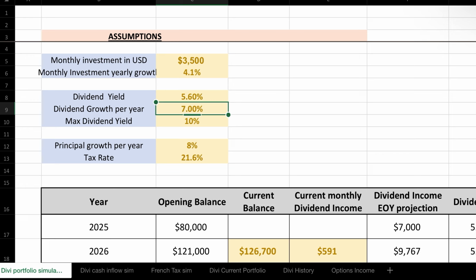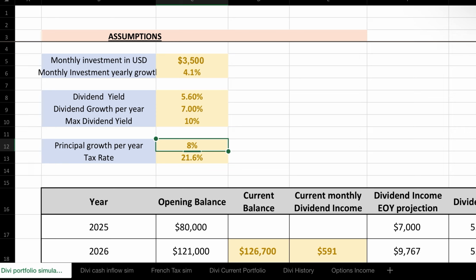So I use Div Tracker and Stock Events, and basically these are pretty conservative assumptions in terms of dividend growth, and the dividend yield is pretty high by my standard because I use also some covered call ETFs, and I plan to stick to around 5 to 5.5% of dividend yield, no more, because I also want to benefit from principal growth, which I would like to estimate at about 8% every year, which would bring my total return when you do dividend yield and principal growth every year to about 13 to 14%. I know it's a lot, but I would like to have this as a target and an assumption.